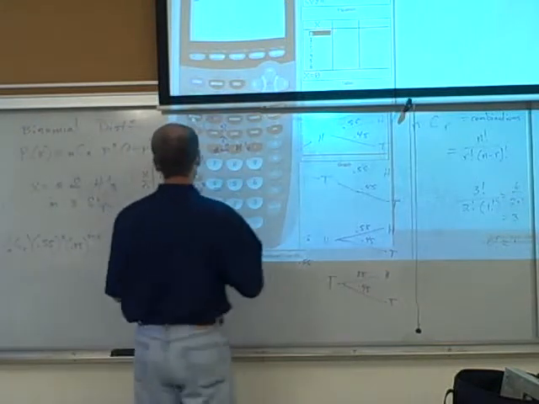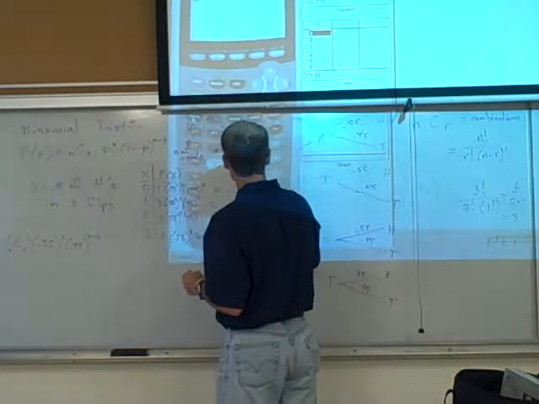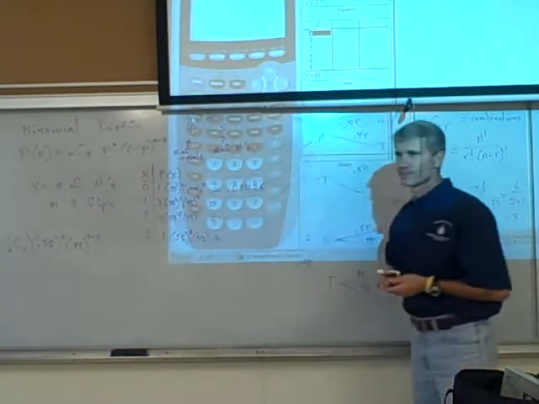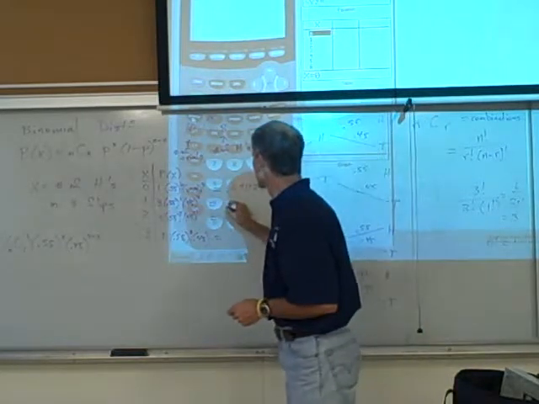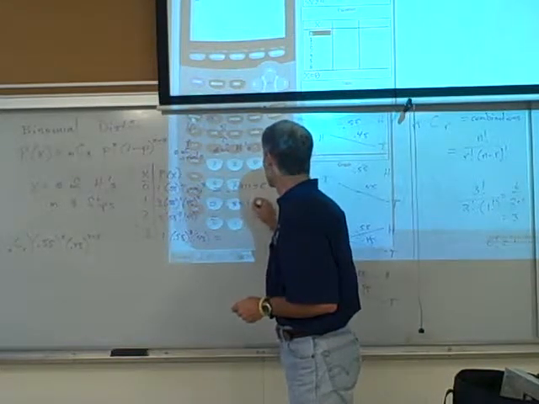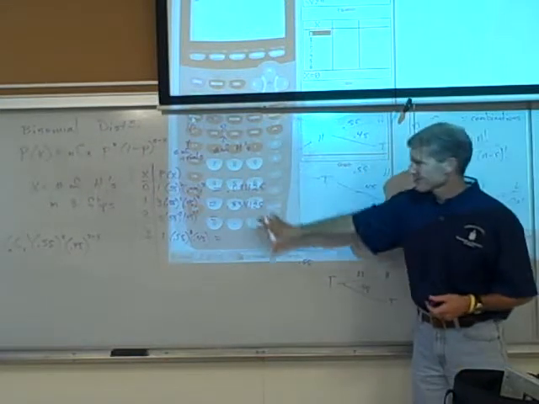You got the first one? 0.091125. Okay? And who did I ask? Delaney? 0.334125. Okay? It's kind of hard to read when I have that projection on there.